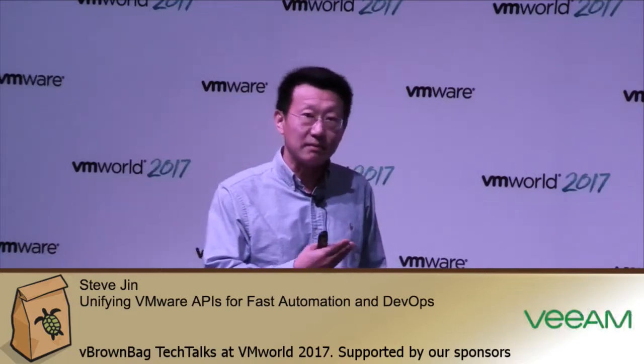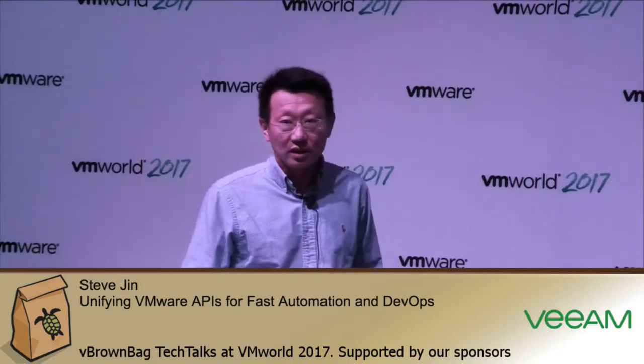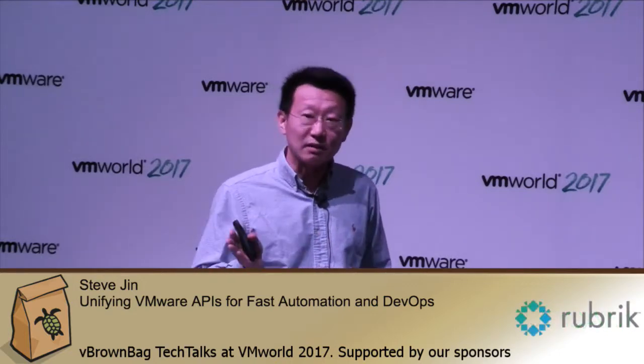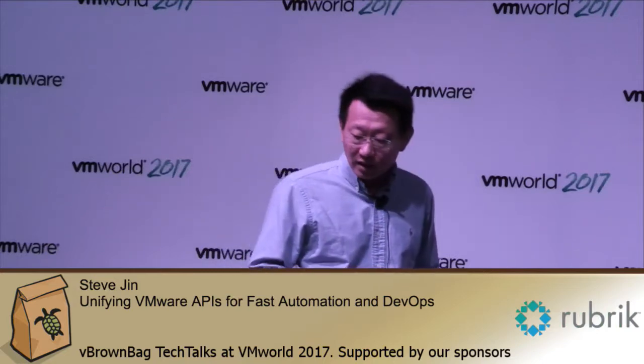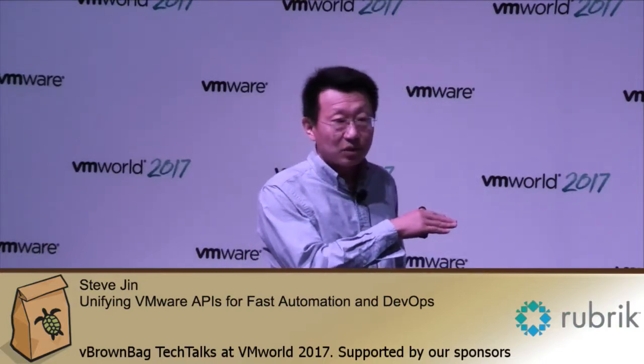I also created the open source project called VI Java API. It's actually used by many different companies. If you see Solution Exchange, most companies use Java in the backend, and that's a natural fit. I also blog regularly on doublecloud.org. If you have any API-related question, go check. You may find an answer out there.